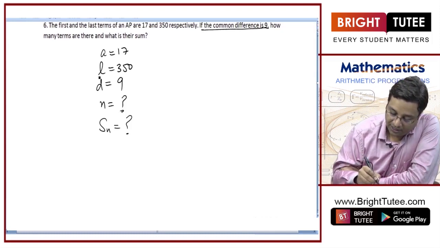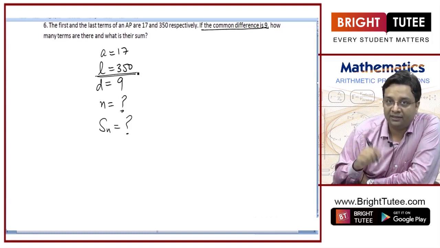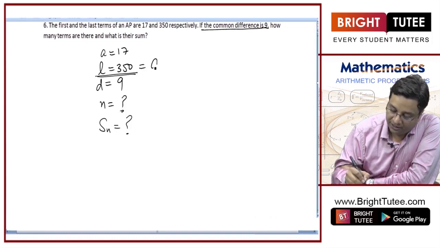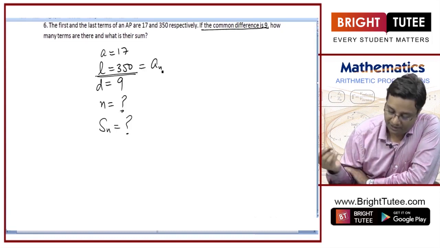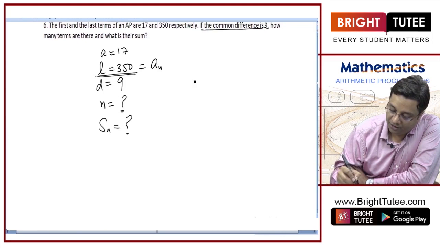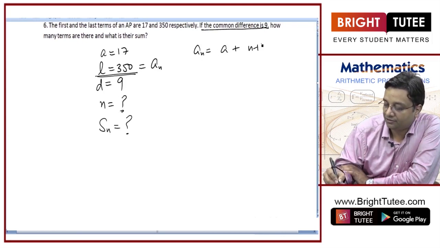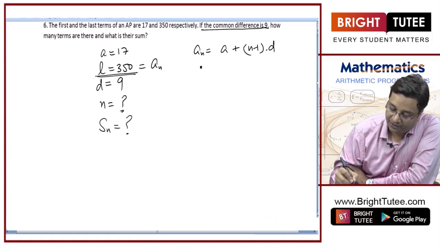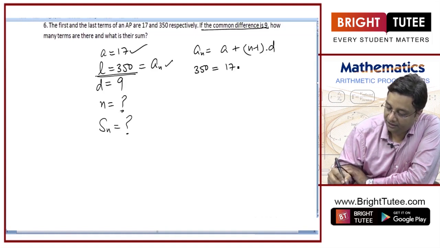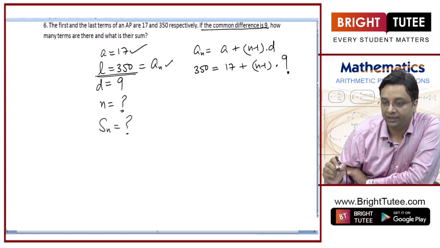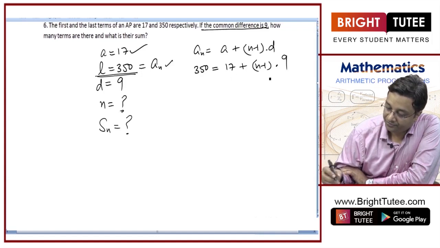L is also the nth term, the last term, so we can take it as An also, right? So what is the formula for An? An is equal to a plus (n minus 1) into d, and let's put the value of An here: 350 equal to 17 plus (n minus 1) into d, where d is equal to 9. So now let's bring 17 here.